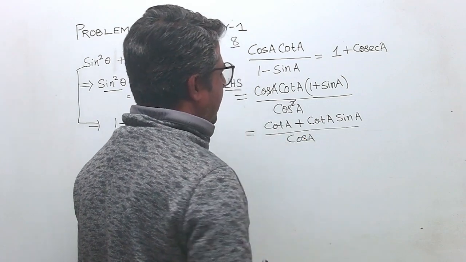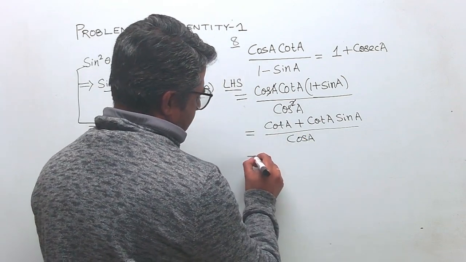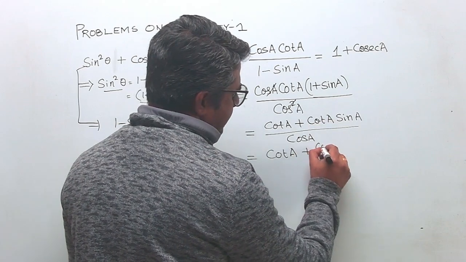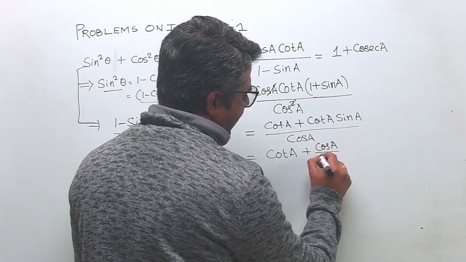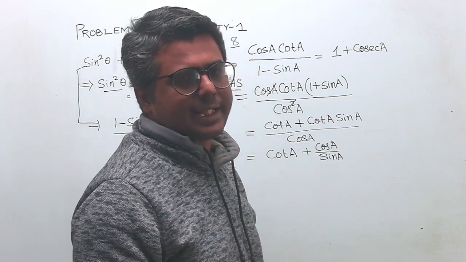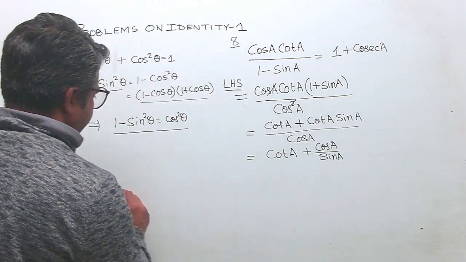So, what will I do now? See, this cot A, I can convert this into cos A by sin A, because cot A is what? Cot A is 1 by tan A, and tan A is sin A by cos A. I will write this for you.